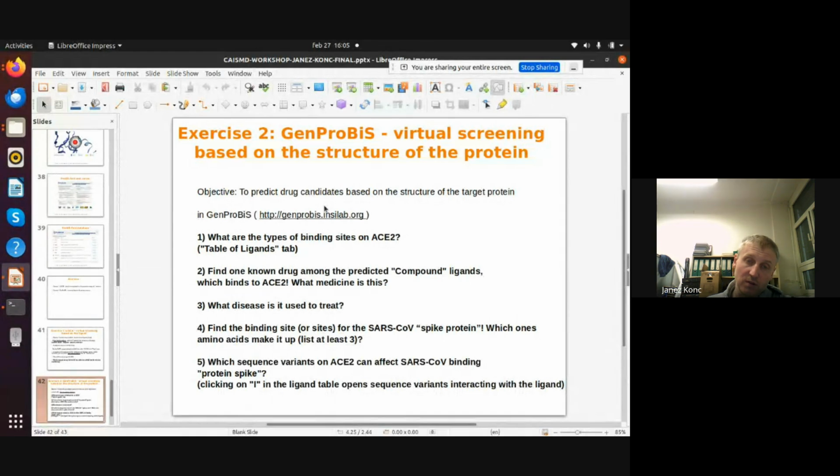So we are going to have this ACE2 protein. You probably know it. It's a protein that's involved in COVID.